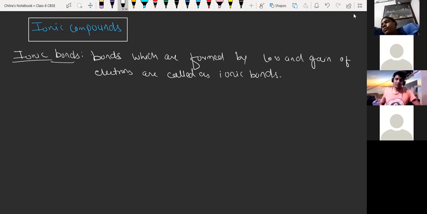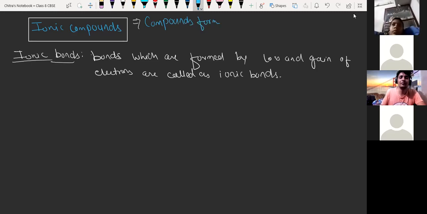So for example, we will also write the ionic compound definition. Those compounds formed by ionic bonds are called ionic compounds.